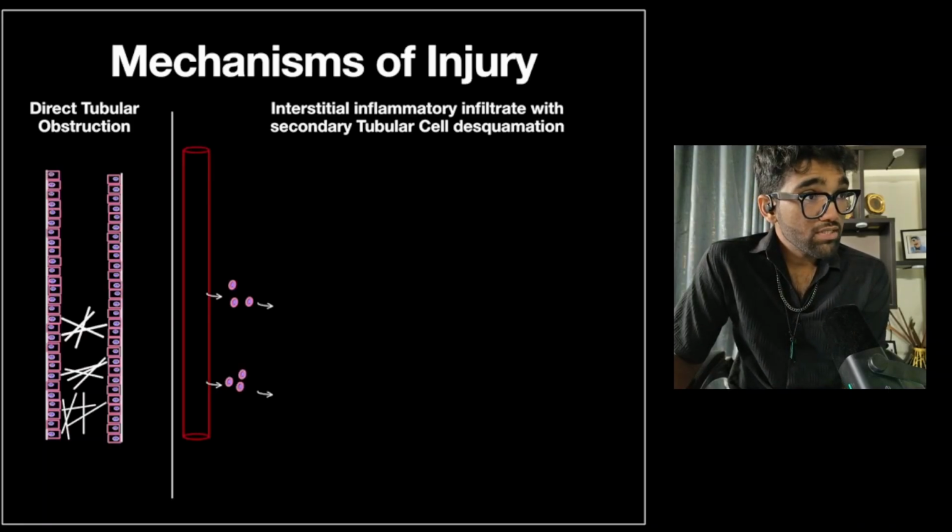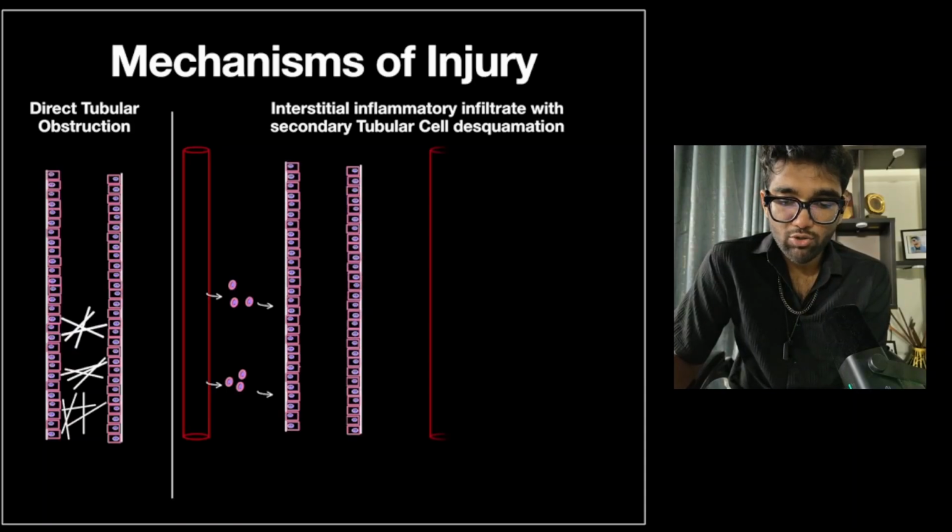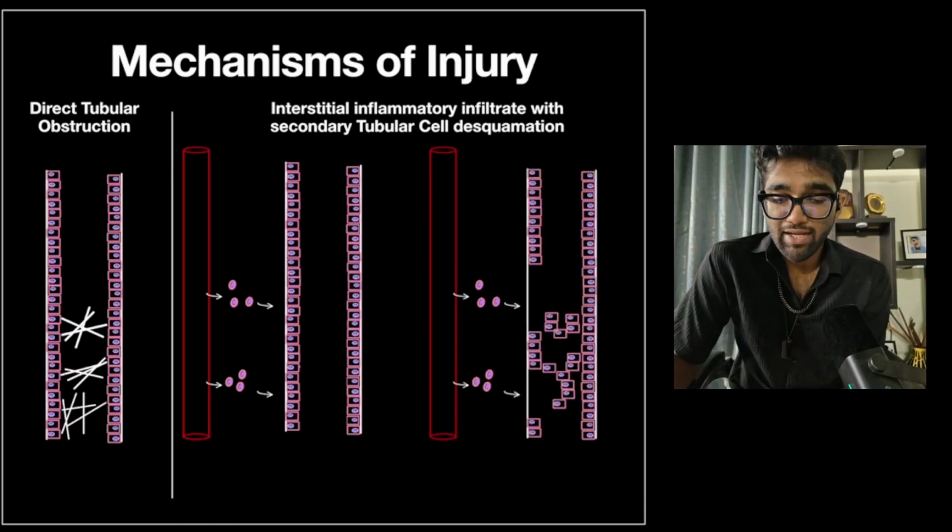Alternatively, what could happen is interstitial inflammatory infiltrate could infiltrate into the interstitium of the kidney and secondarily cause damage to the tubular epithelial lumen lining, and that causes desquamation of epithelial cells into the lumen, causing obstruction. So the final effect of both these processes is the same, it is tubular obstruction. That would be a type of intrarenal post-glomerular obstruction.